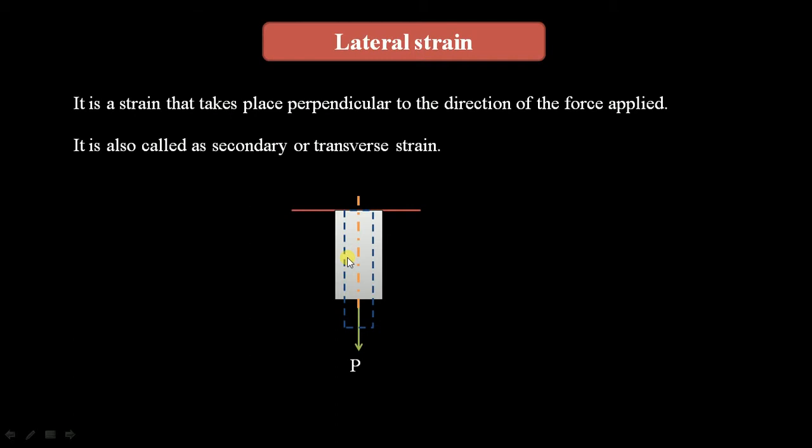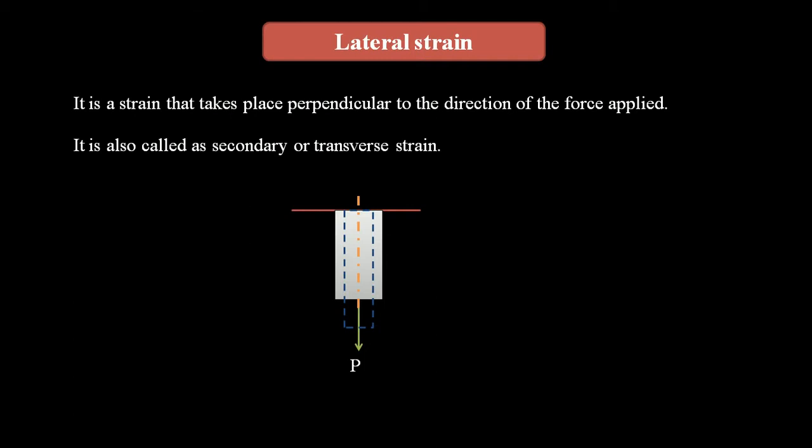The strain which takes place perpendicular to the direction of the force we are applying is called lateral strain. We already know that normal strain and longitudinal strain are the same, and it can also be called linear strain. So what is linear, longitudinal or primary strain?